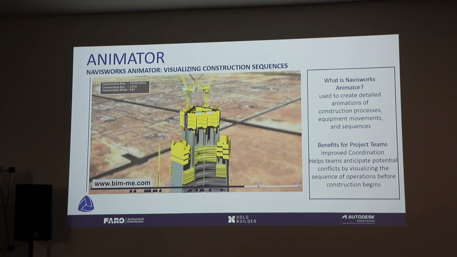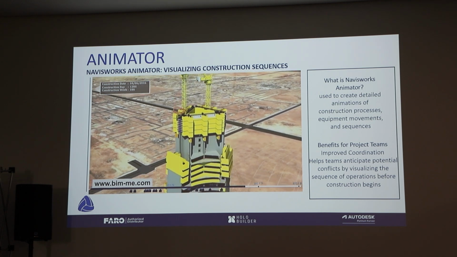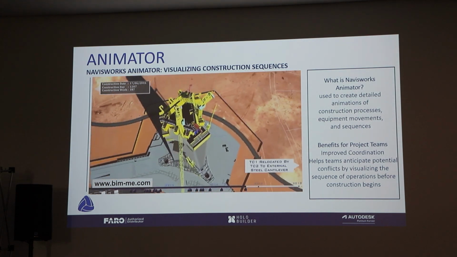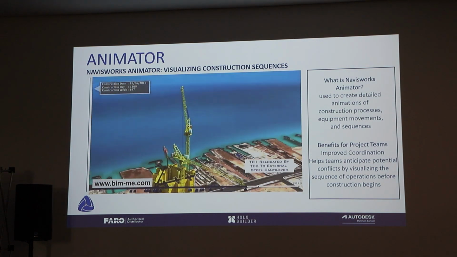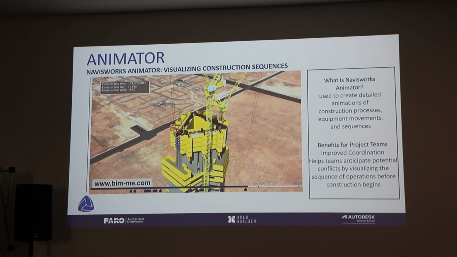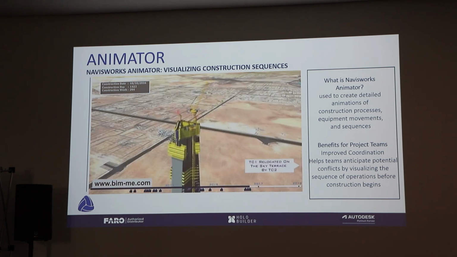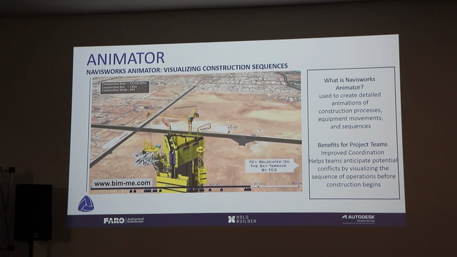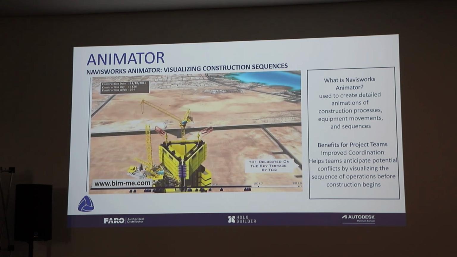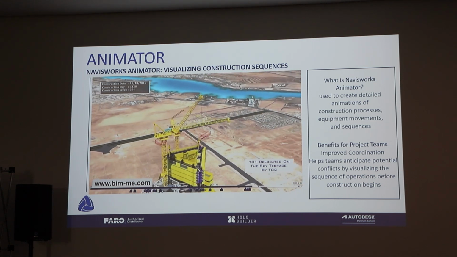This helps improve coordination within the team. It allows everyone to be on board, know what's happening at every given stage of the project. For example, if you see on the animation, it says construction week 204, you have to relocate the crane to the next spot.